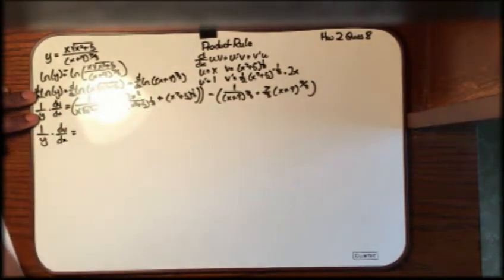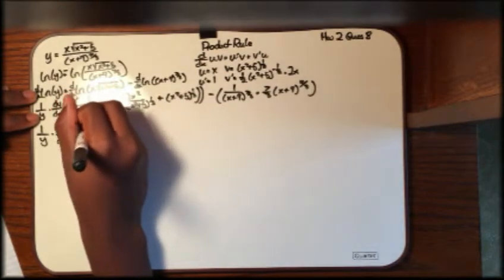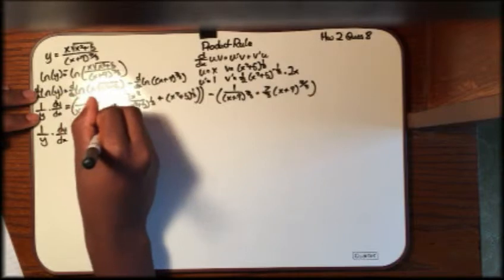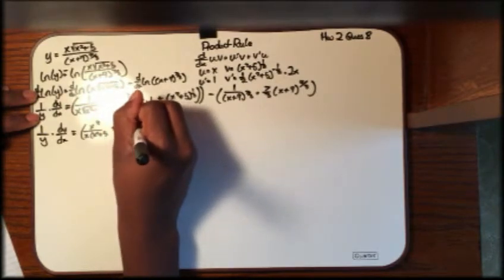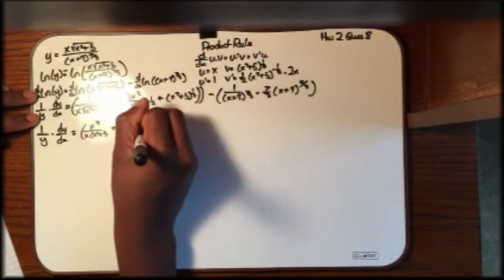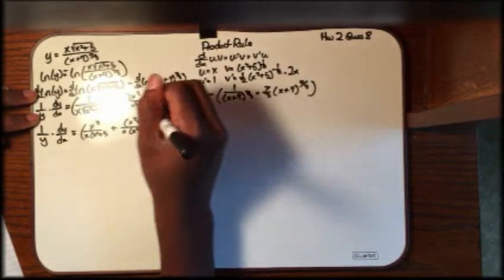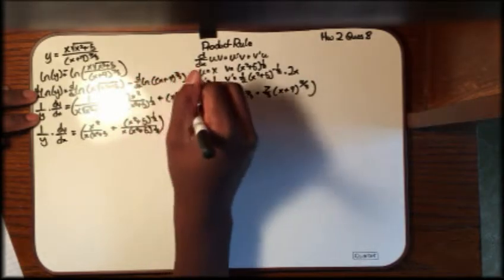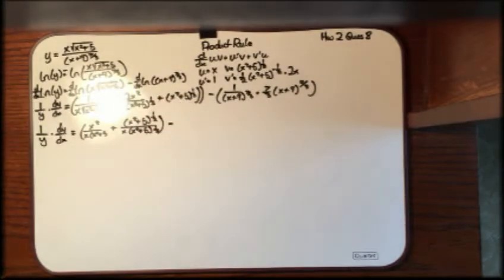Our next step here is really to simplify each function. So we go as 1 over y dy over dx is equal to x squared over x squared plus 5 plus x squared plus 5 to 1/2 over x times x squared plus 5 to 1/2.